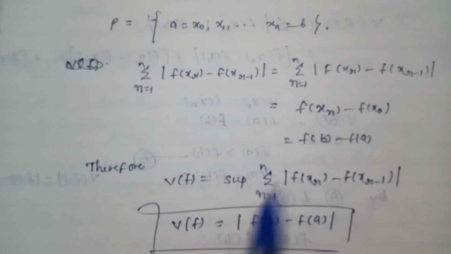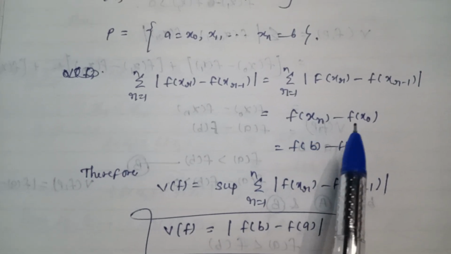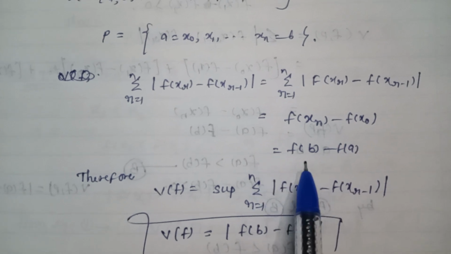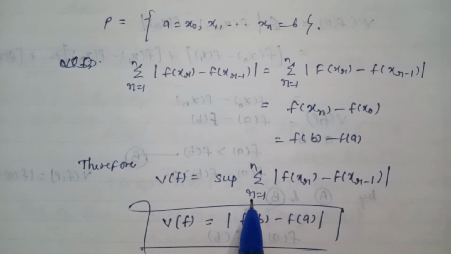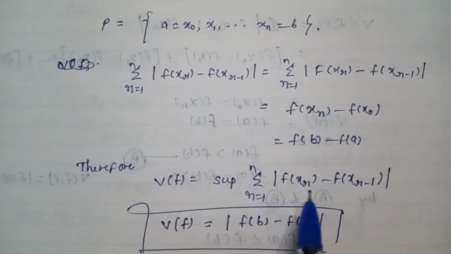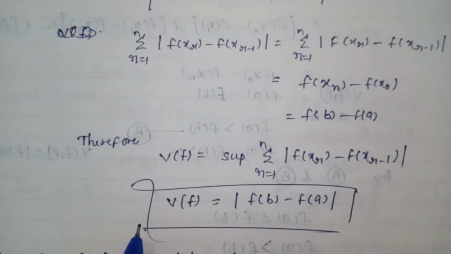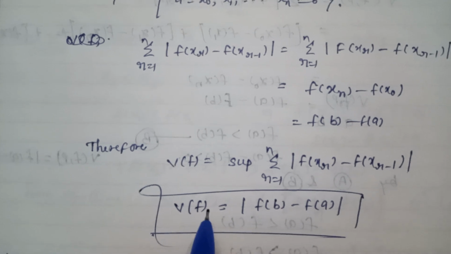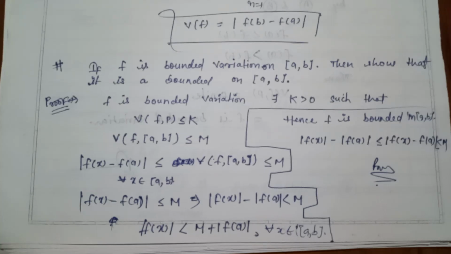Now f(xn) − f(x0) is equal to f(b) − f(a). Therefore, V(f) = supremum of summation r = 1 to n of |f(x_r) − f(x_{r−1})|, and V(f) = |f(b) − f(a)|.